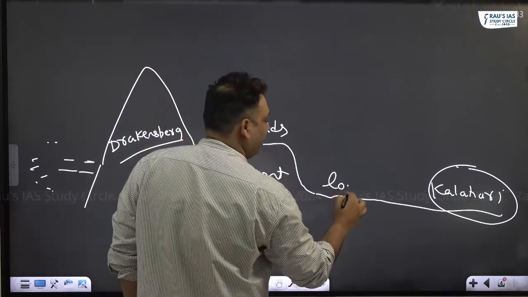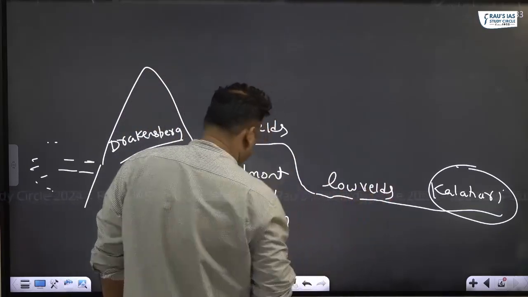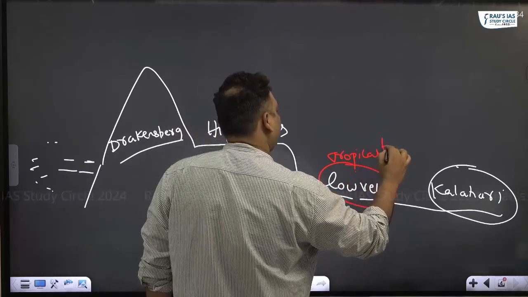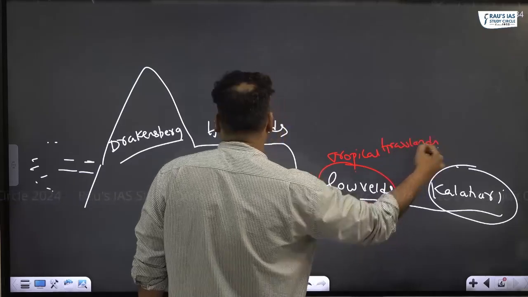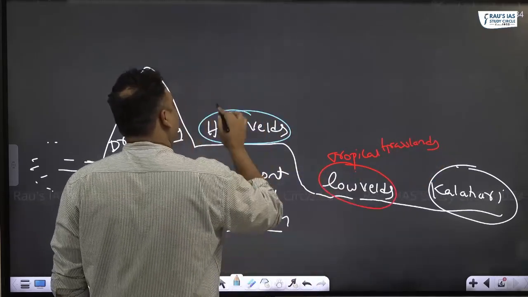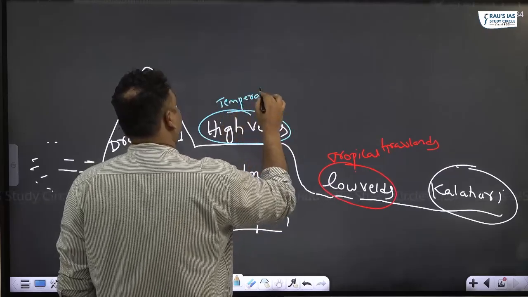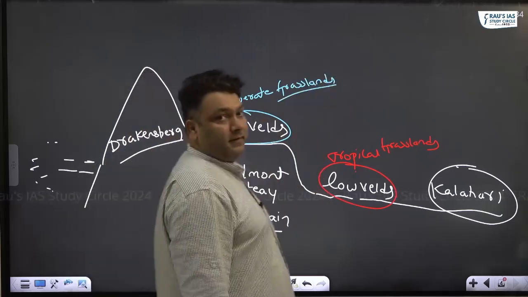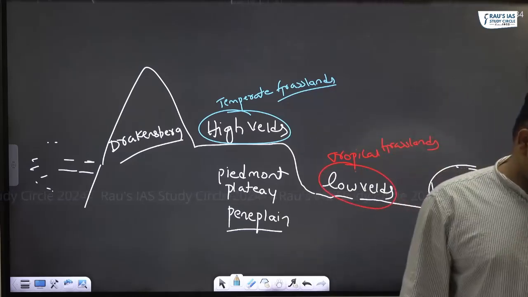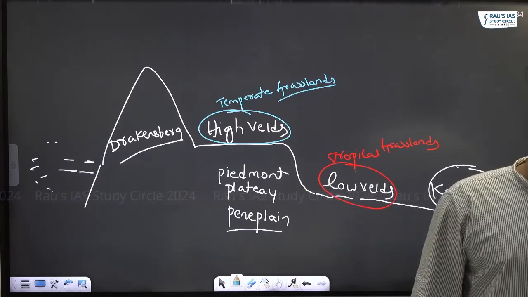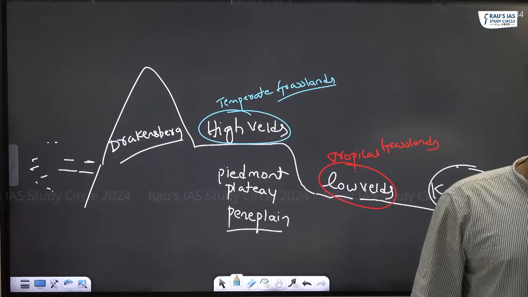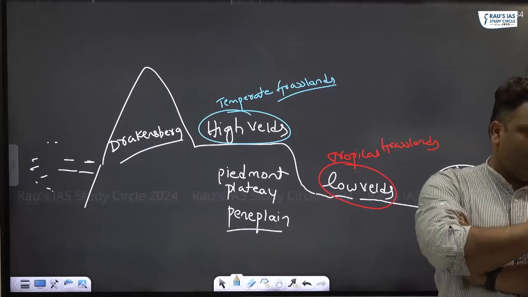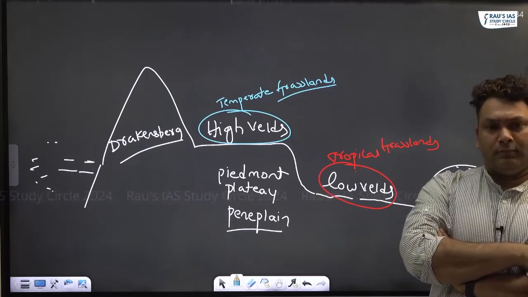In the lower location, you have low veld. Low veld are tropical grasslands, and high veld are temperate grasslands. Both combined are also called bushveld, because you have the Bushman tribe over there.